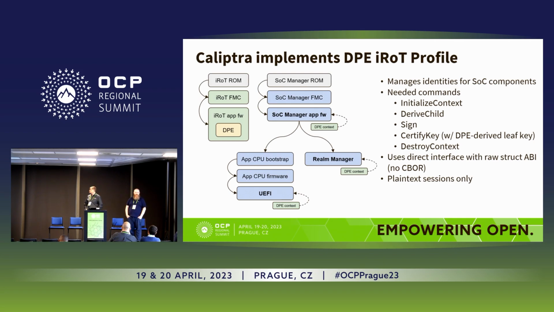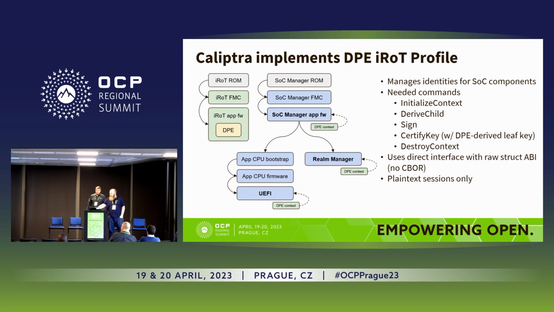The simulator is obviously not intended for any production usage. It's basically for testing. There's also a verifier there that you can use to run the DPE code itself and the RTL of the Caliptra on top of it.